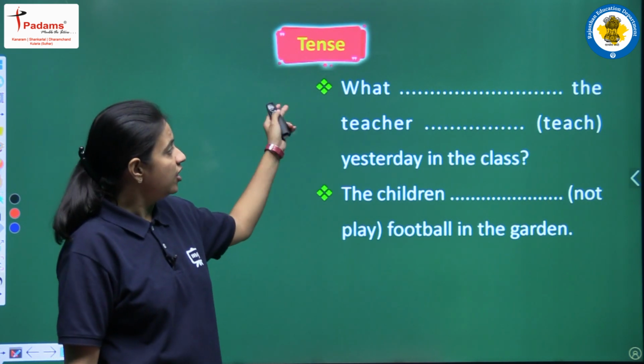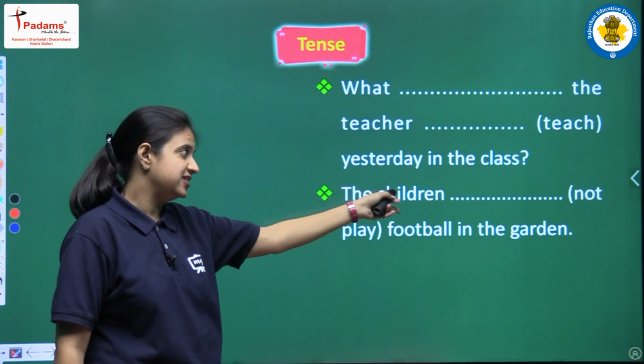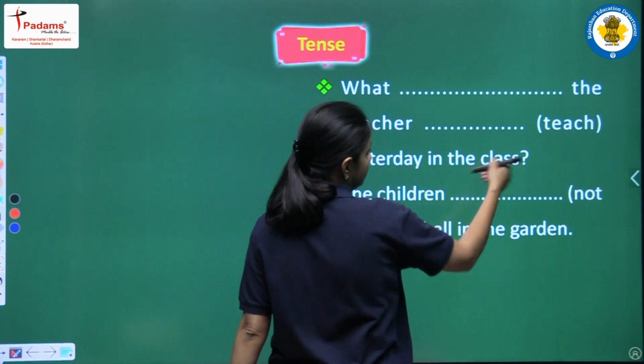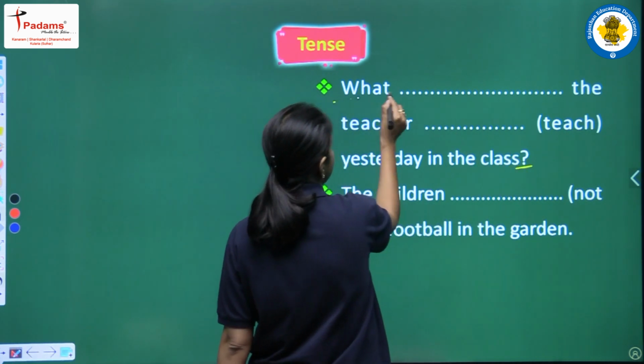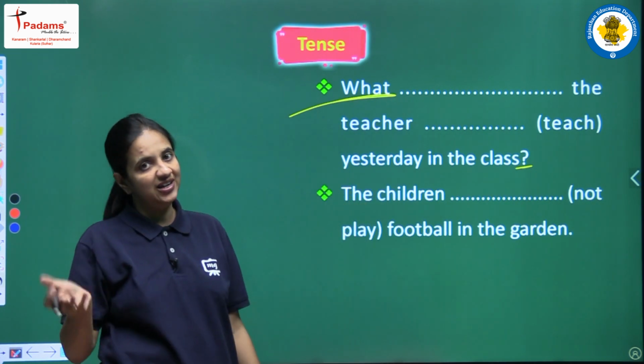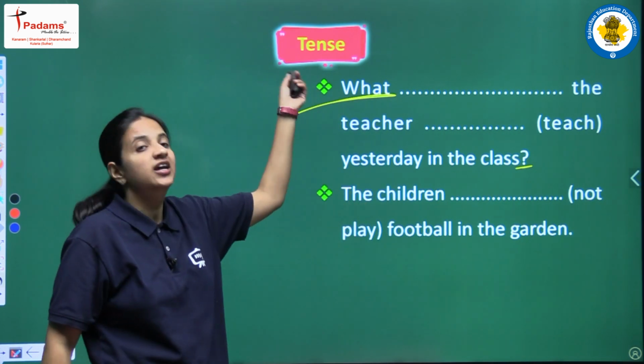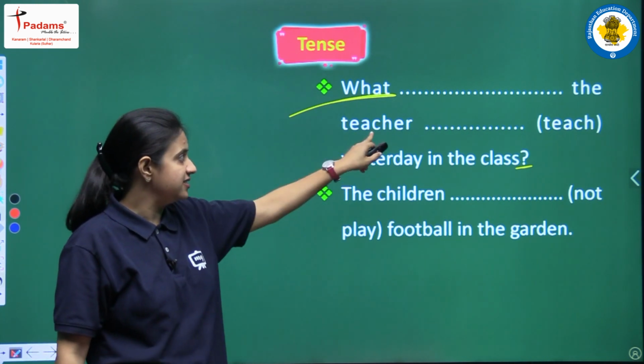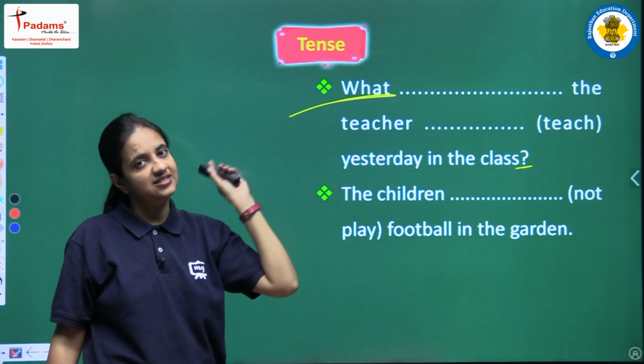Let's see. What did the teacher teach yesterday in the class? So this is an interrogative sentence. We have a question mark at the end of the sentence and we have a question word, a WH word, that is what. First of all we will write the helping verb, and as a subject we have teacher, that is a singular subject.